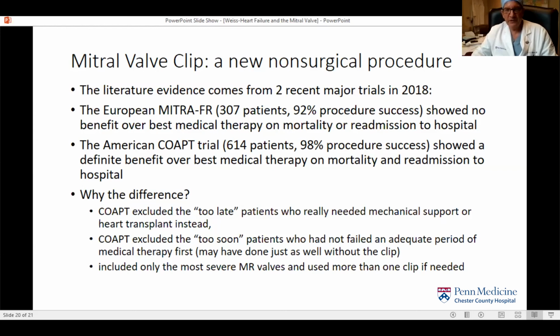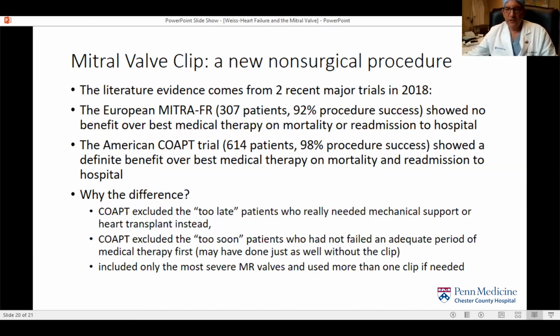I'm going to leave the technical details to my very capable colleague, Dr. Raza, who's going to speak next. And maybe he'll talk about the study too. But unfortunately for the Europeans, when they studied those patients for years, they didn't show any benefit over just giving the patient pills on either survival or on readmission to the hospital.